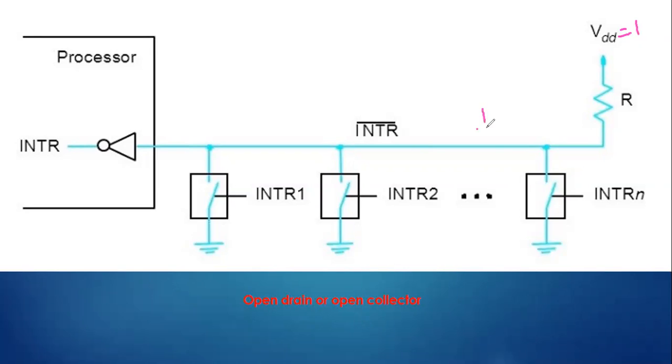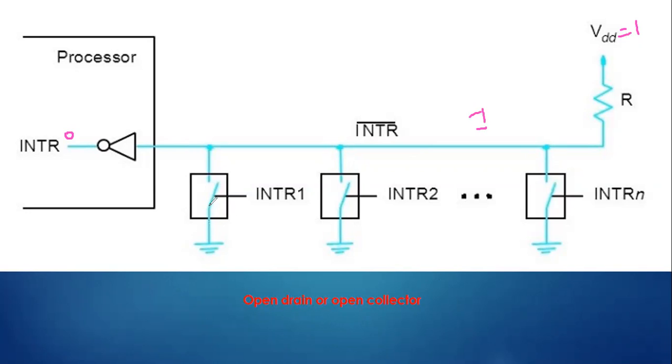If it is 1, you get 0 here. You may ask when it will be 1. See, these are all the devices: INTR1, INTR2, INTRN. Observe carefully, and this box we call open drain or open collector.